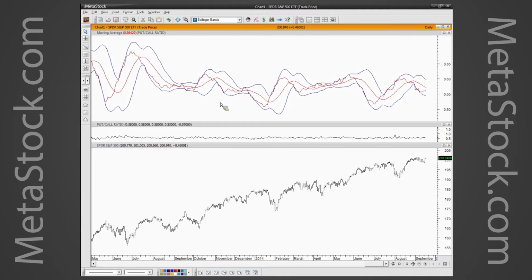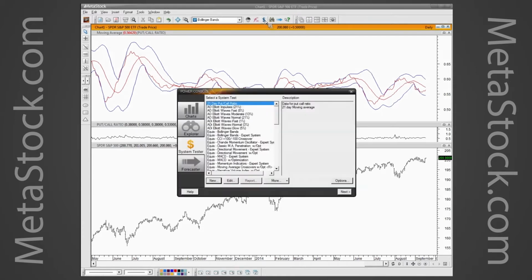So that's what we want to kind of test, is how good is using the put-call ratio, and how good is using the Bollinger Bands as a way to catch the highs and lows of a moving average on the put-call ratio. So now we'll go back into the system tester, and I just got my system right there at the top of the list.